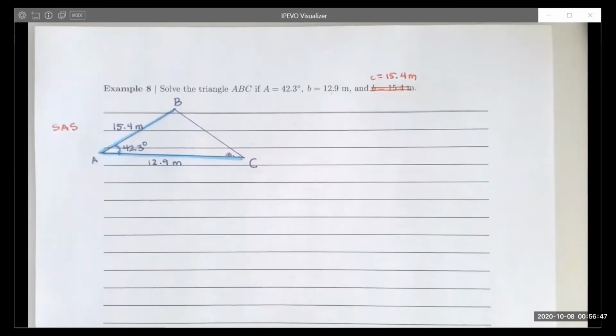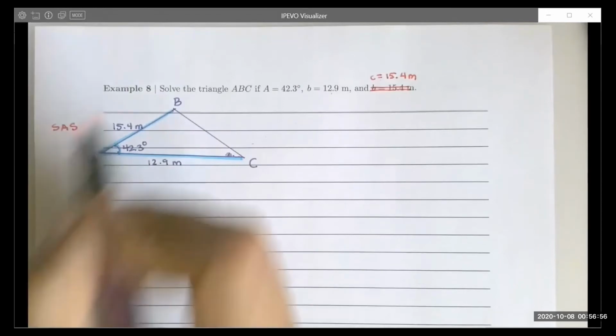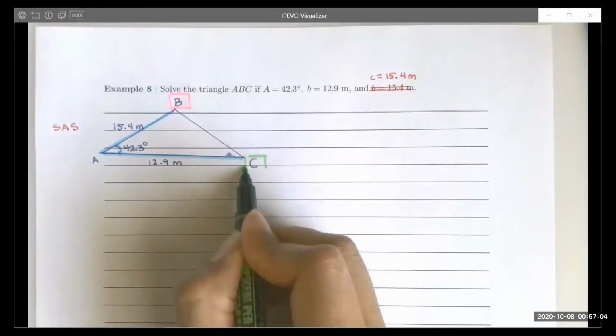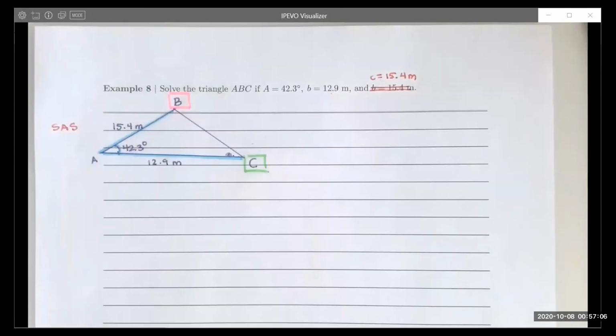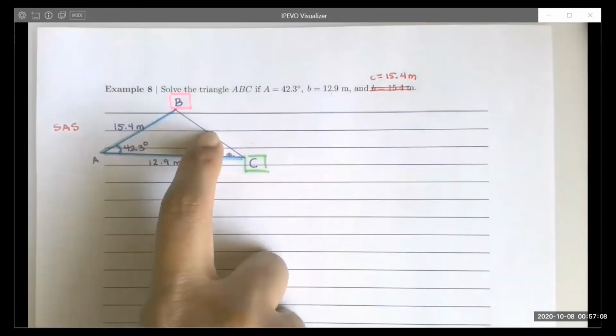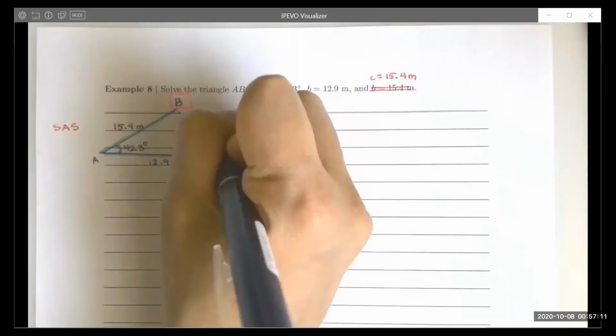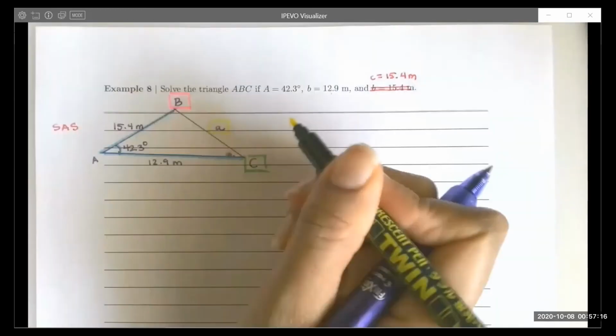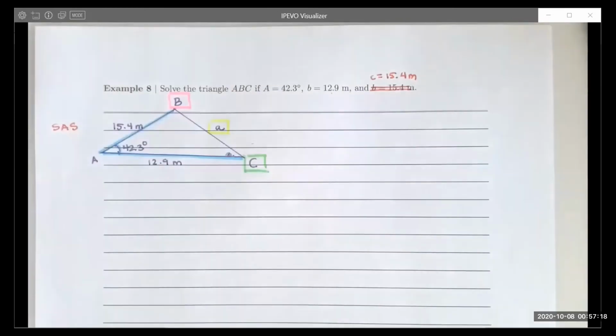As far as the missing information, we have the two missing angles, angle B and angle C. We also are missing side A. Those three pieces of information are what we need to find.